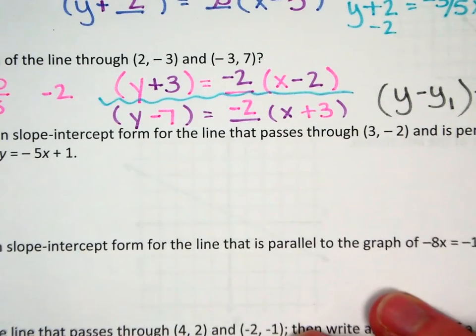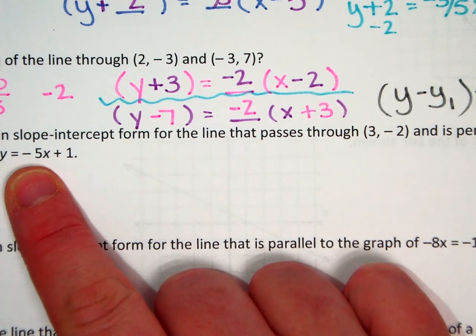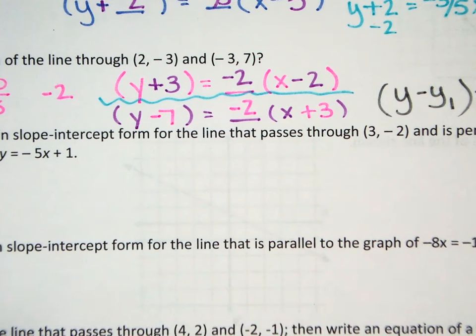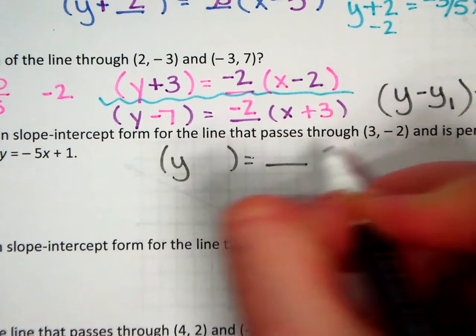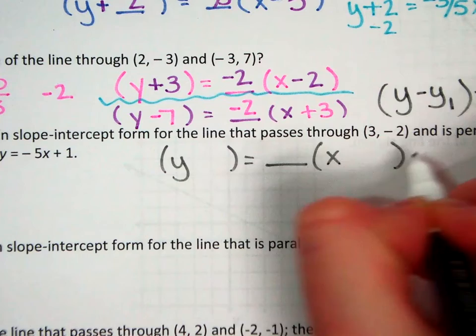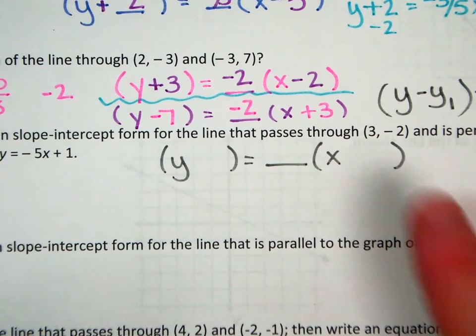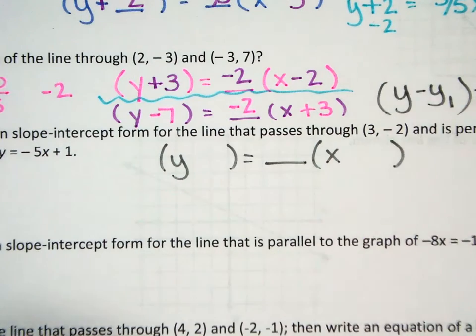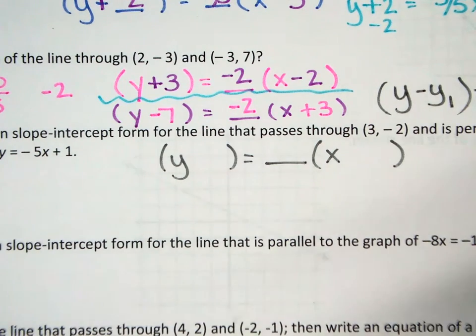So write the equation of a line that passes through 3, negative 2 and is perpendicular to the slope of negative 5. So once again, I'm going to go through the point of 3, negative 2. So y minus a negative 2 becomes a plus 2.